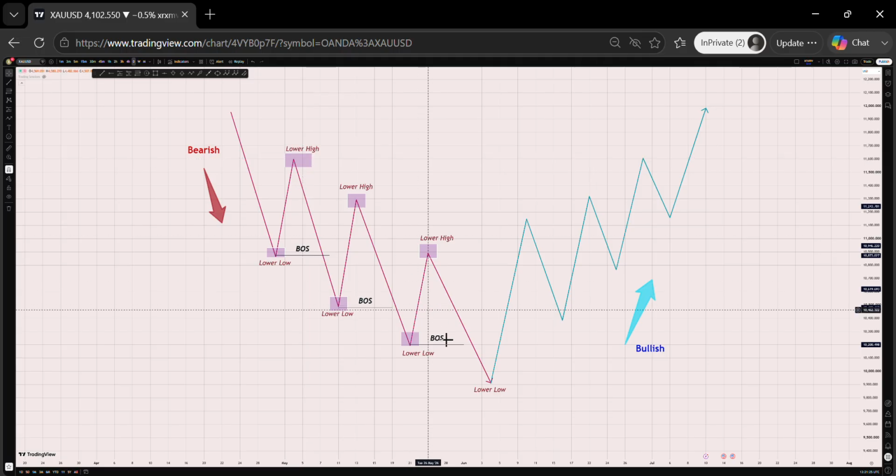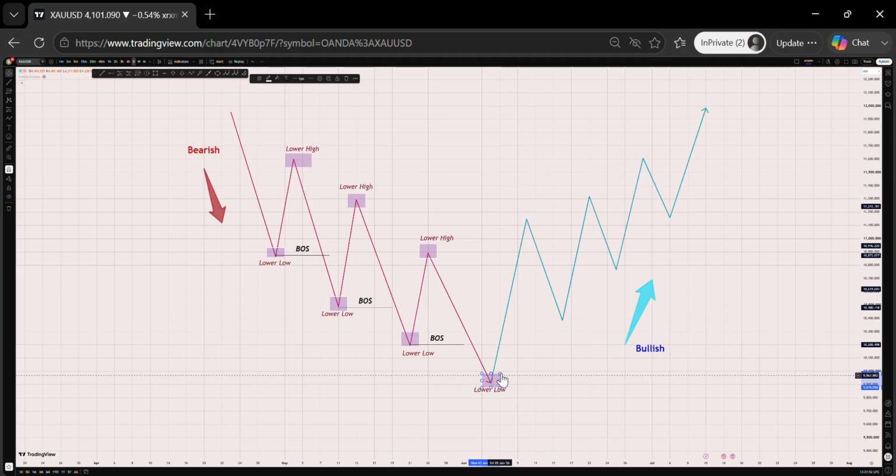Okay, so after this market has formed a lower low, if the market is going to remain bearish like it has all this while, what we expect to see is a lower high and a break of structure once again to create a lower low, and so on and so forth, and it will keep moving. However, in this case, you notice that when price had made this lower low over here, it didn't go any further.